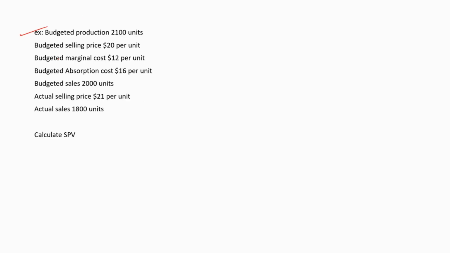Now let's do this example. Calculate the sales price variance, which is equal to the actual selling price per unit minus the budgeted selling price per unit, multiplied by actual units sold. The actual selling price is $21 per unit, minus the budgeted selling price per unit of $20, multiplied by actual units sold, which is 1800.